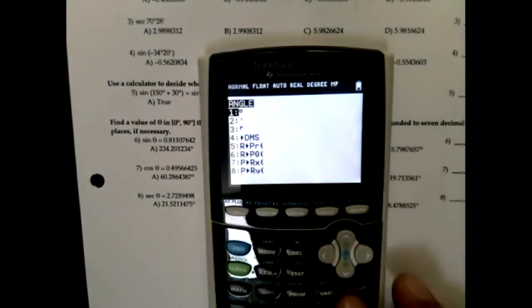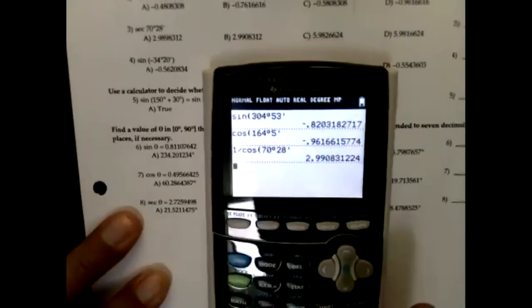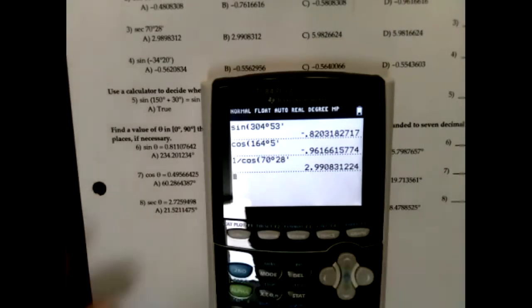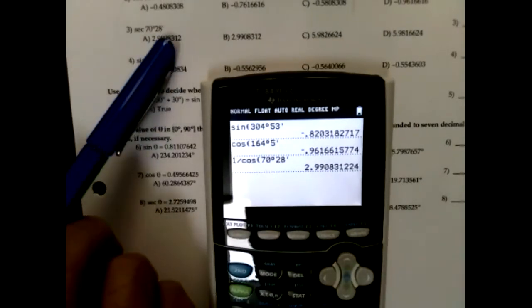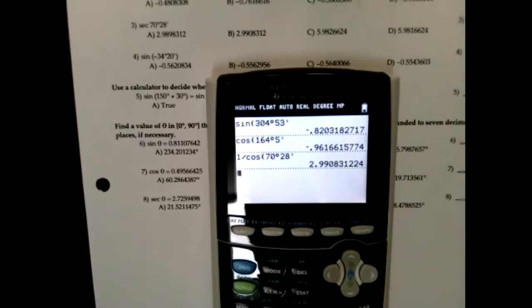28, second apps. Boom, minutes, enter, enter. 2.990. Yeah. Ooh, that first one was pretty close, but these are different. How about the sine? Does that work?